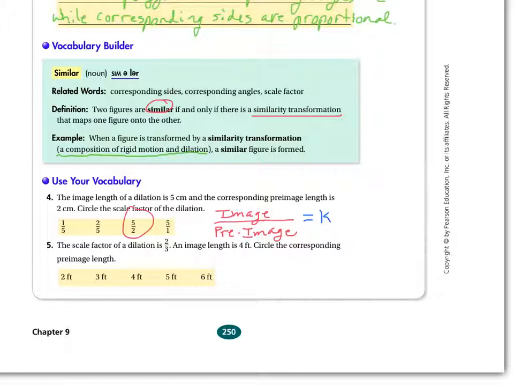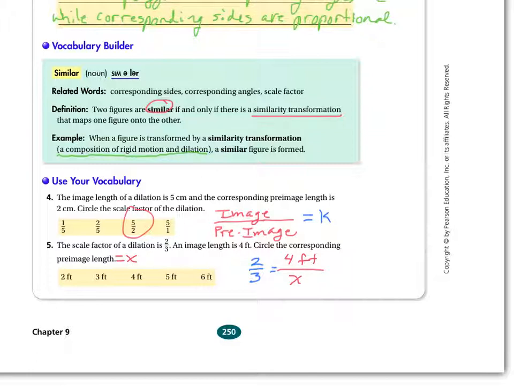We know our scale factor is 2 to 3, and the image length is 4 feet. Does that go in the numerator or the denominator? Image goes in the numerator, so our 4 feet goes up top, and we let x equal our pre-image.